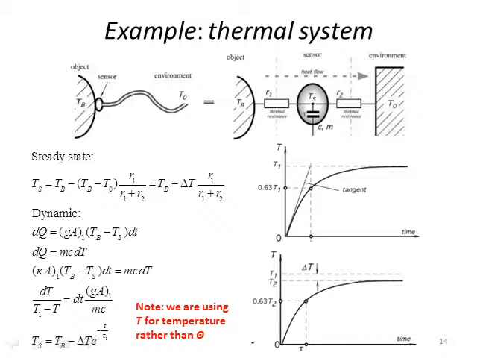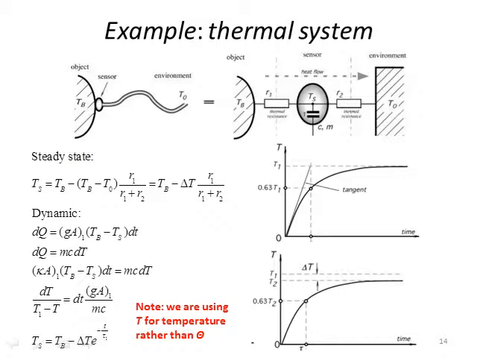We can create a lumped element model, located on the right. We have an object with a temperature TB, and a finite thermal resistance that goes to the sensor head. Then we also have a resistance from the sensor head to the ambient environment, which is basically the little wire that you see on the left. The heat flow will go from the object to the ambient temperature through the sensor and then through this connecting wire.